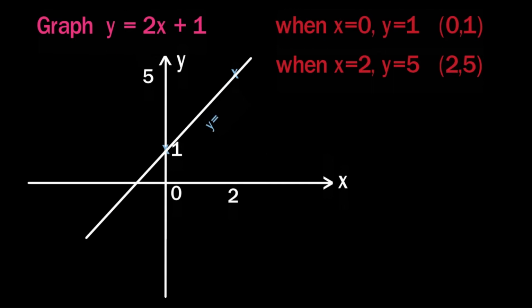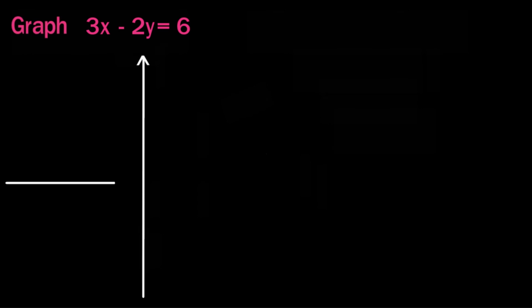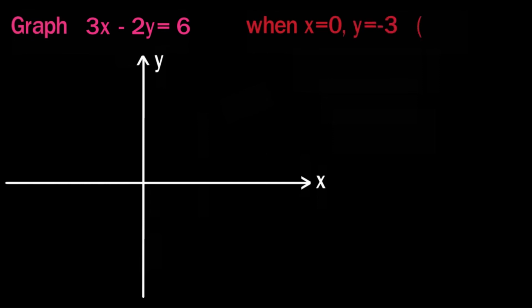Now let's try another graph. We want to graph 3x minus 2y equal to 6. When x equals 0, y equals negative 3.